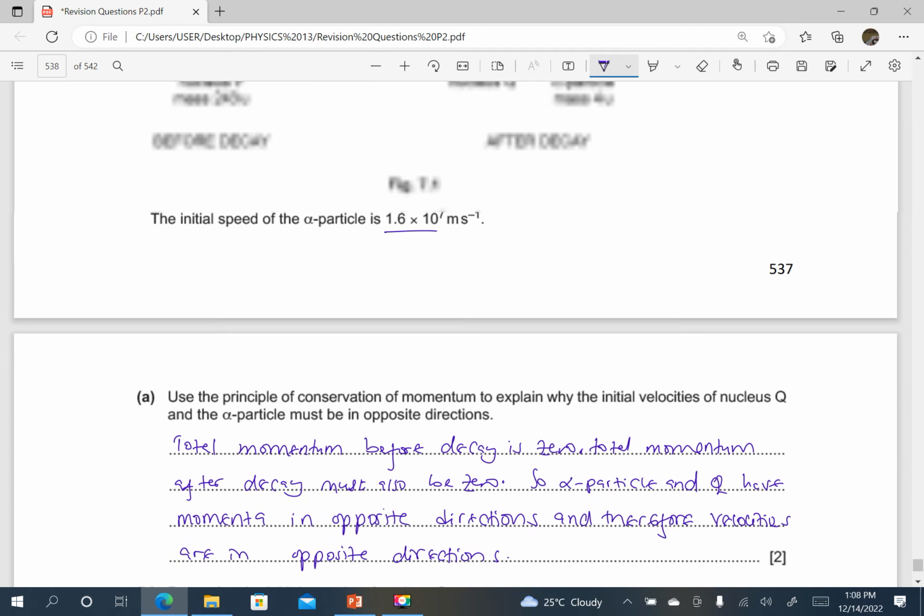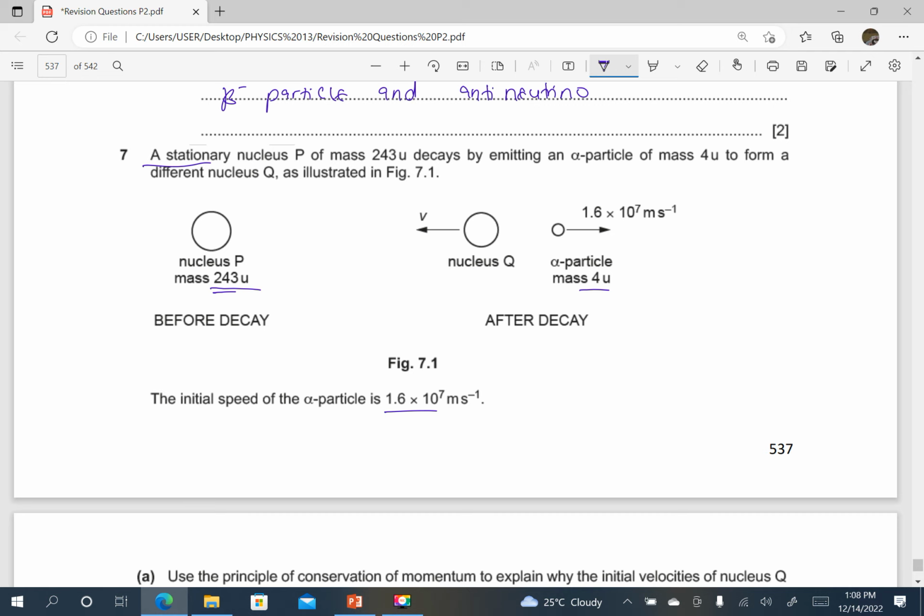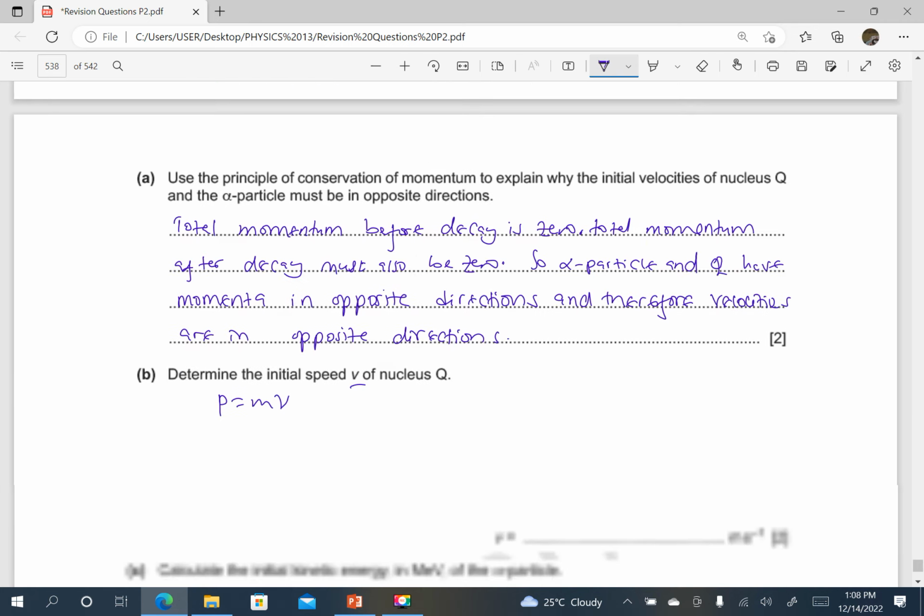Since the total momentum of Q and alpha should be the same as the total momentum before the decay, then if this is 243 u and the alpha particle is 4 u, the mass of Q is 243 minus 4, which is 239 u. So let me use conservation of momentum.